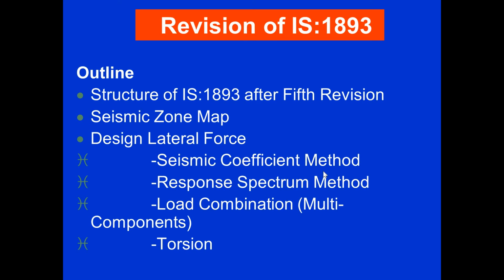That is the structure of IS 1893 after first revision: seismic zone map, then design lateral forces, seismic coefficient method, response spectrum method, load combination, that is multi-component, and torsion.